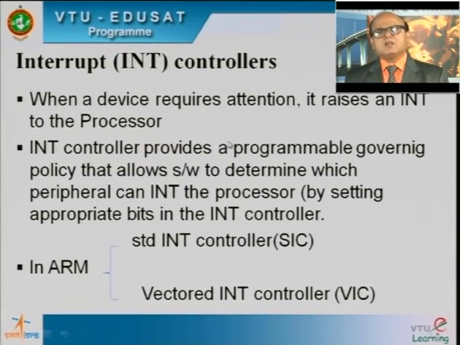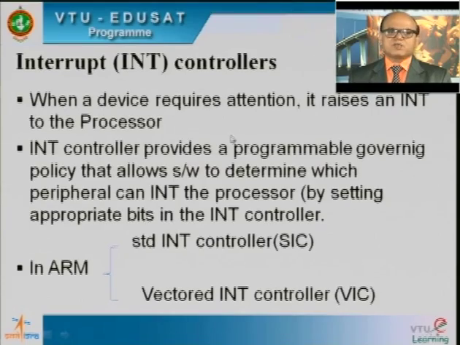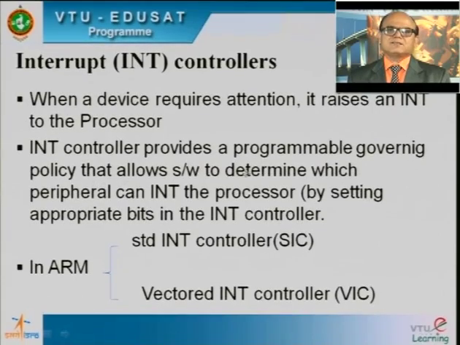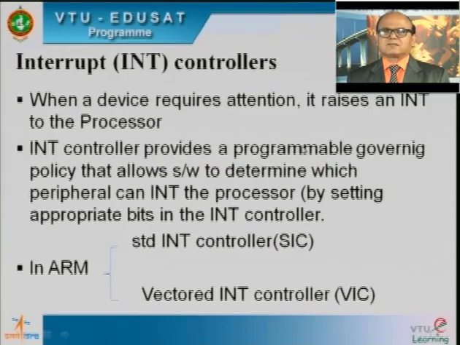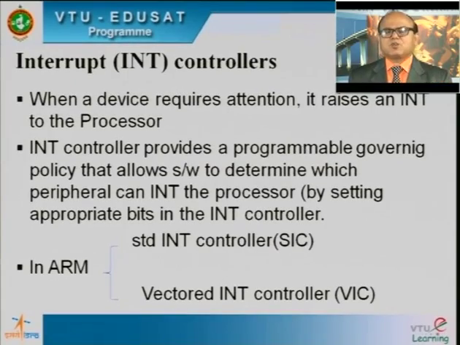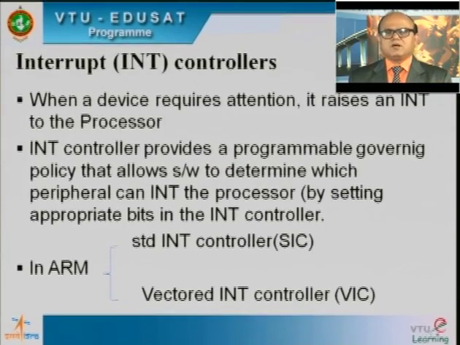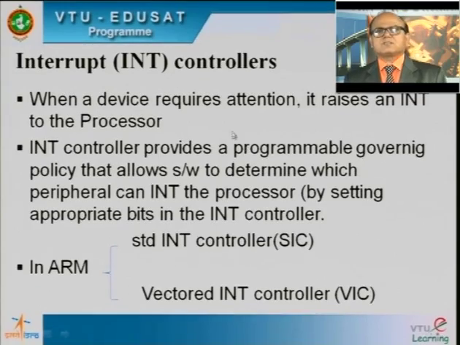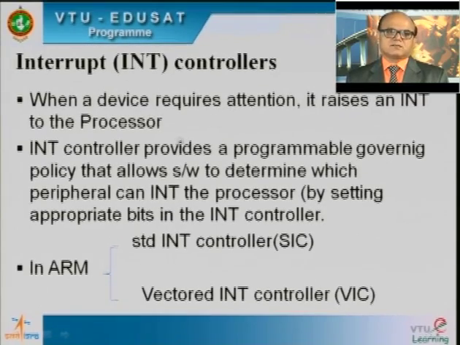Sometimes we also call the interrupt handler an interrupt service routine. Such interrupt handlers are executed as an action corresponding to the interrupt raised, or the request raised, by the peripheral devices.